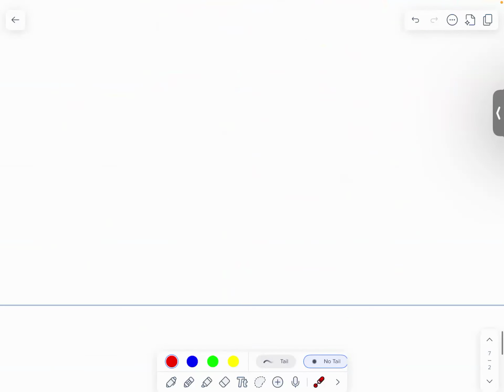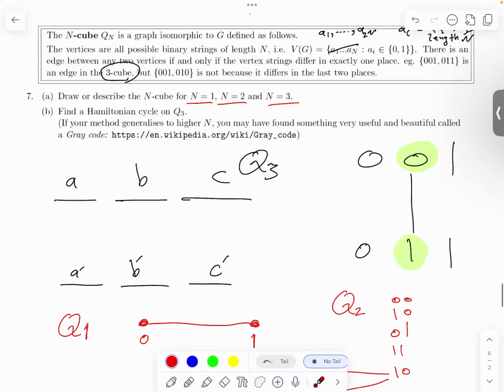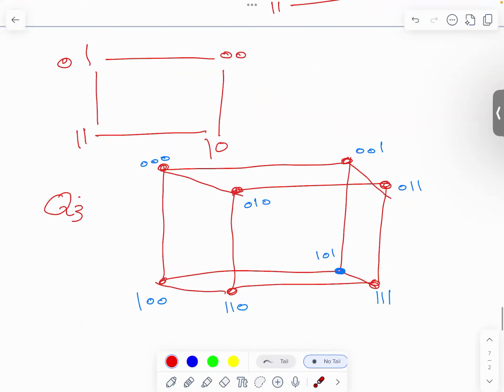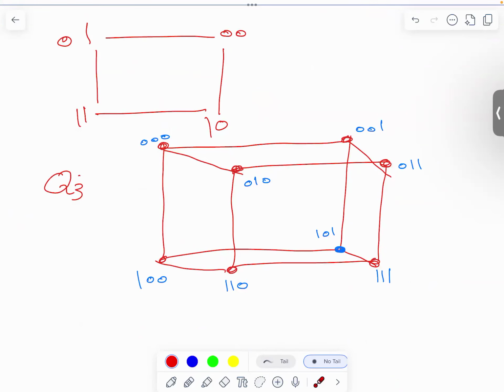Okay, so Hamiltonian cycle in Q3. Can we find a Hamiltonian cycle here? So I will go here. Okay, finished. I can do it again.